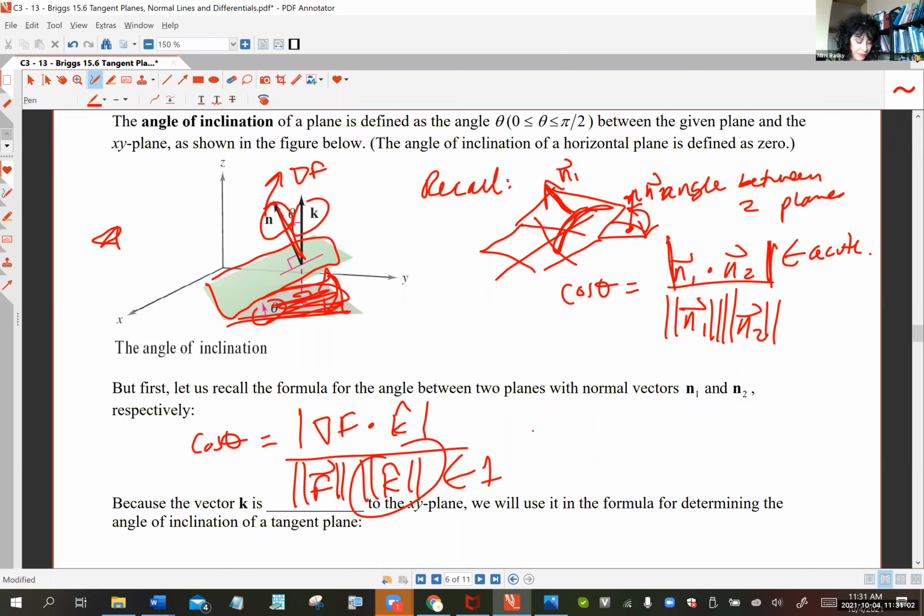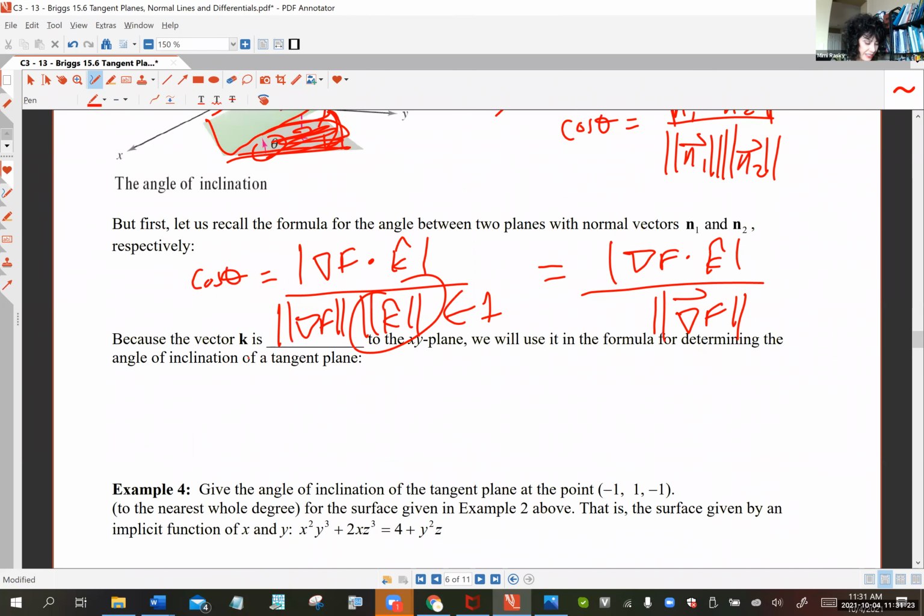Ooh, that's sweet. We don't even have to bother with it. So just take the dot product of del big F with k hat and divide by the magnitude of big del F, and you'll have it. Because the vector k is orthogonal to the xy plane, we're going to use it.